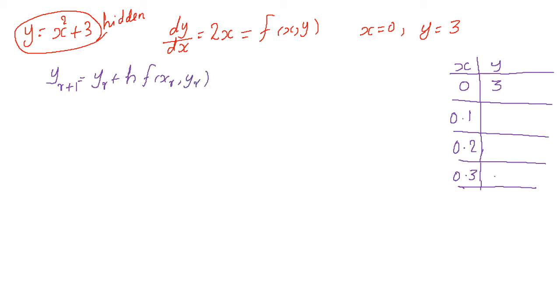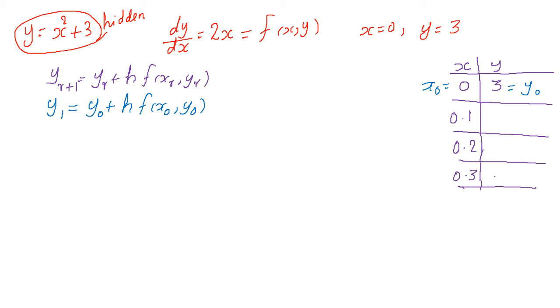Now let's start with x0 y0. This is my x0 and this is my y0. Starting from x0 y0, I can calculate y1 equal to y0 plus h into f of x0 y0. Correct?